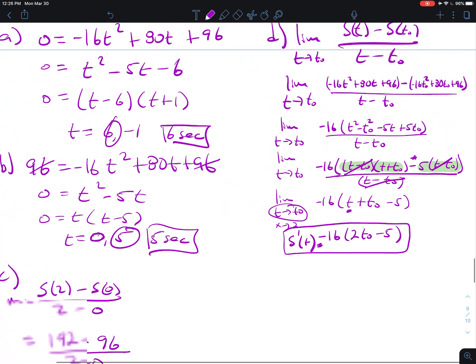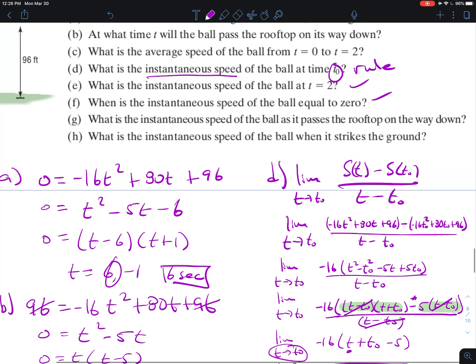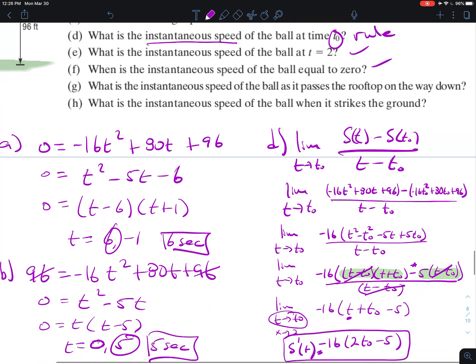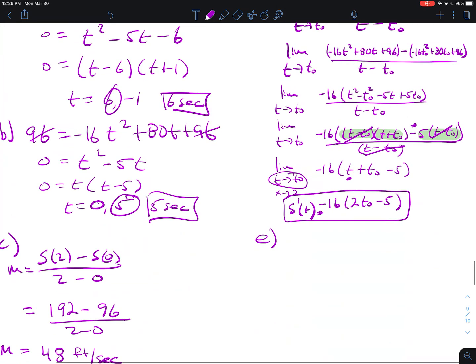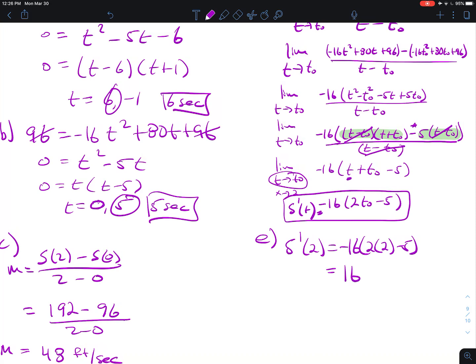Which, now that I've done that in part D, E ought to be pretty quick, because I'm trying to find that instantaneous speed of the ball at time 2. So that's just the derivative at 2, which is negative 16 times 2 times 2, minus 5, which is negative 16 feet per second.